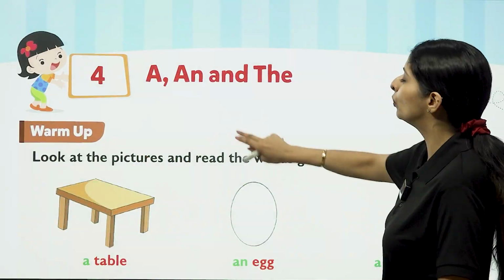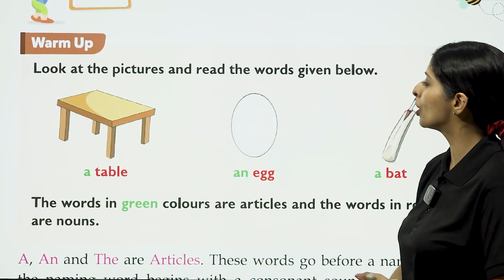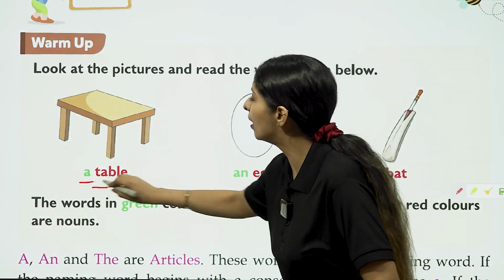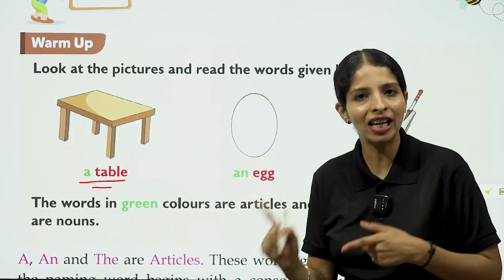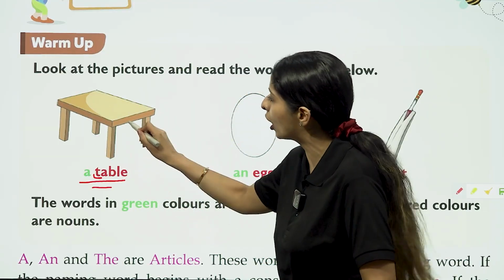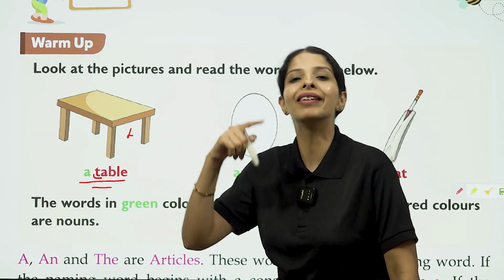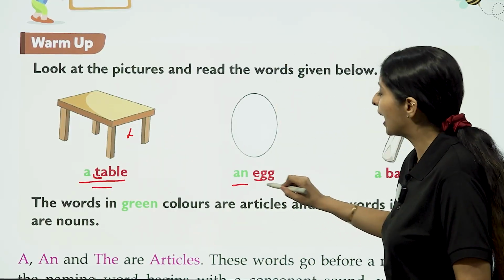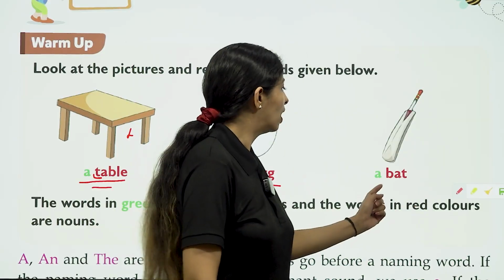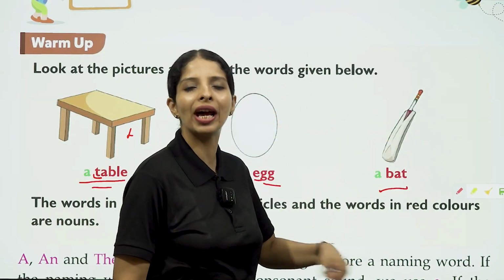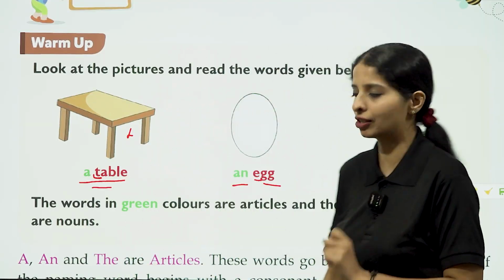So today in this session, we'll talk about articles A, An and The. Let's begin the session with a warm-up. Look at the pictures and read the words given below. A table. It starts with T, it is a consonant, and it is not plural or one of its kind, so a table. E is a vowel, an egg. A bat, single bat, starts with a consonant, so a bat.